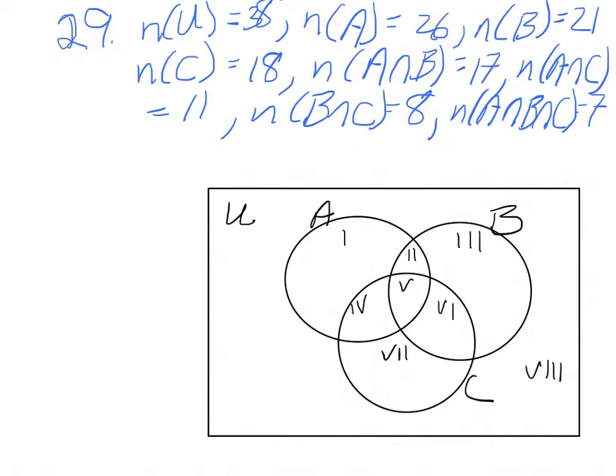But what we need to do is learn how to set up that survey problem. So what you see is an example of a 3-set survey problem where you have the 8 regions listed as I have listed them. And so what you want to do in this problem is use all the numbers listed up here, the numbers of elements in certain sets, and be able to break that down.